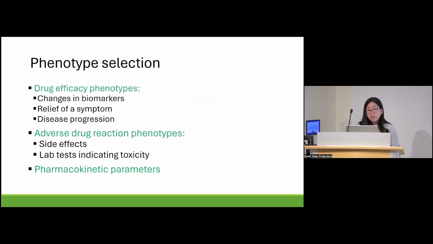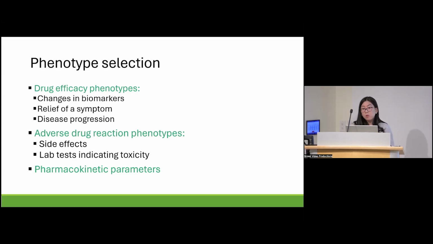In terms of phenotype selection, we can look at drug efficacy phenotypes. This could be a change in biomarkers. For example, in my area of type 2 diabetes, we can look at a change in hemoglobin A1C, which is the 3-month average measurement of glucose control. We can look at the difference pre and post exposure to a drug as our phenotype of interest.